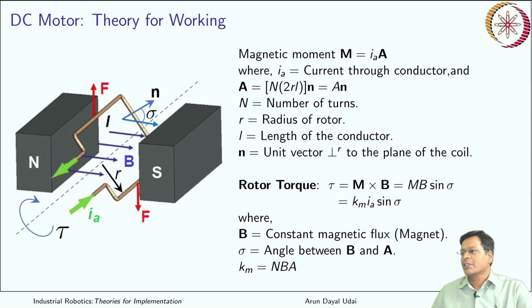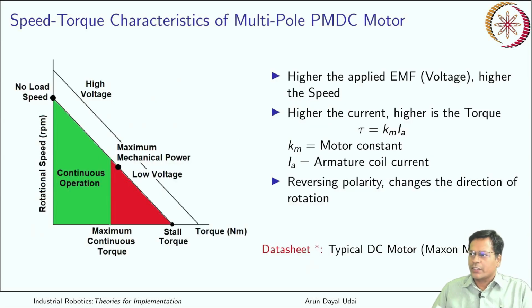Now Km is equal to N times B into A. This is just derived out of the variables you have. It is known as the motor constant. Since it is tau by Ia, the unit is Newton meter per ampere.